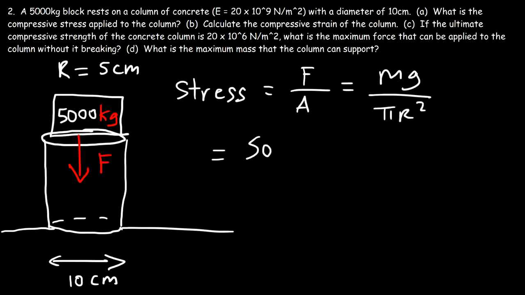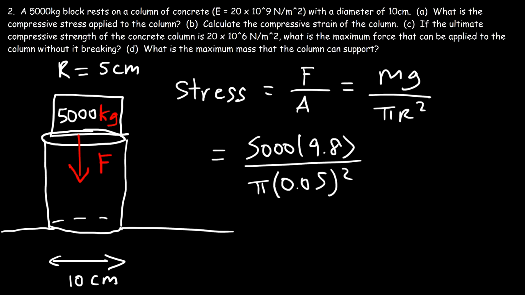So it's going to be 5,000 times 9.8 divided by pi, and the radius is 5 centimeters, which is 0.05 meters. So the compressive stress is 6.24 times 10 to the 6 newtons per square meter.